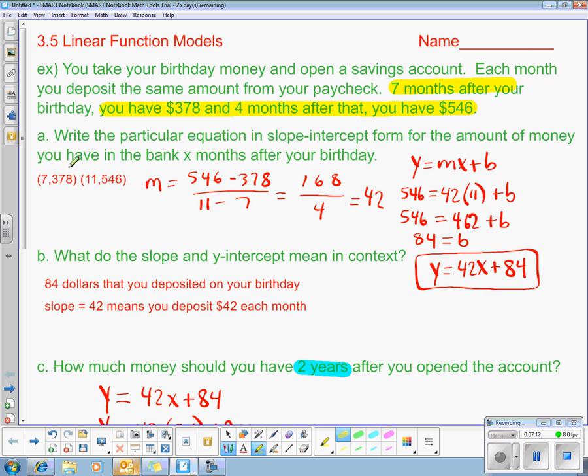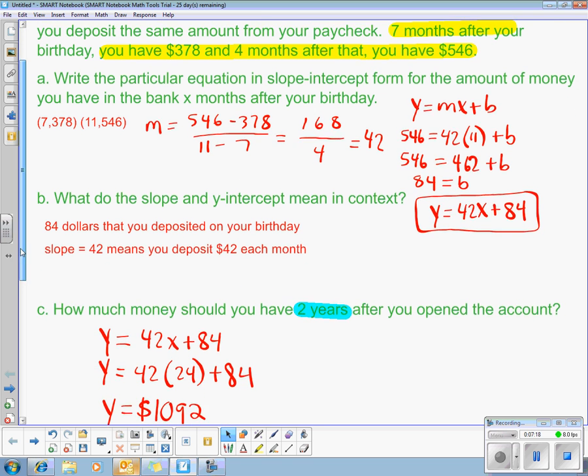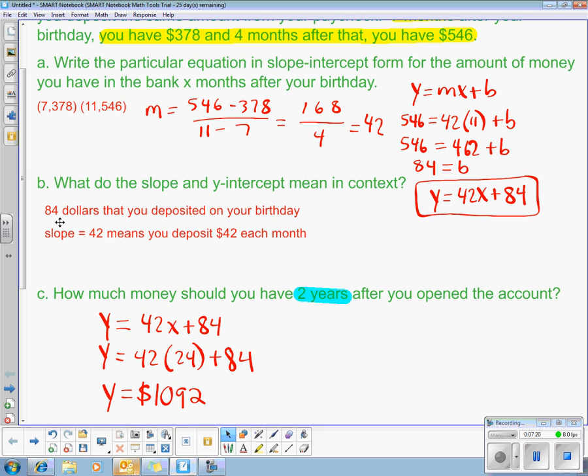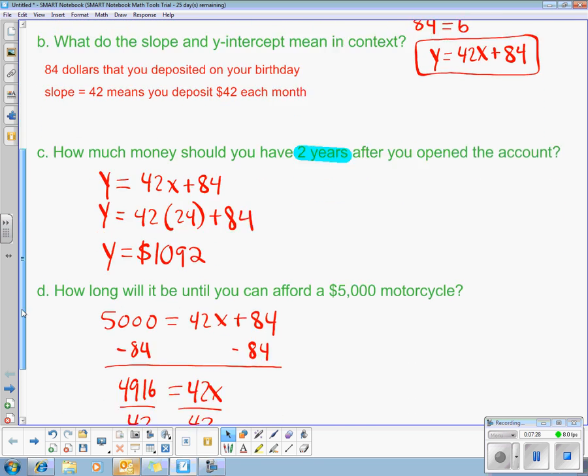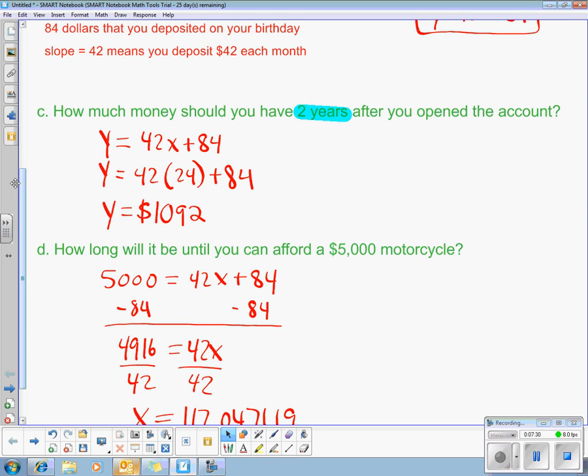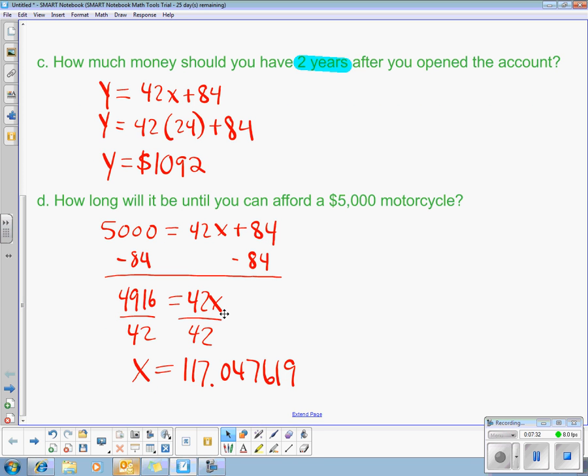So we turn those into data points and find the equation by first finding the slope. As for the context of the slope and intercept, my main thing is this right here: if you don't know what those mean, then really, why make a word problem? And C and D: given an x, predict a y, and given a y, predict an x. So that's the majority of this section.